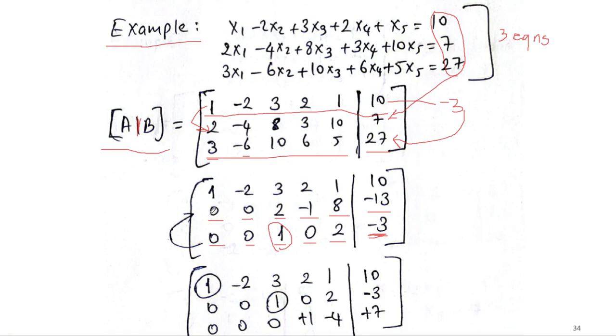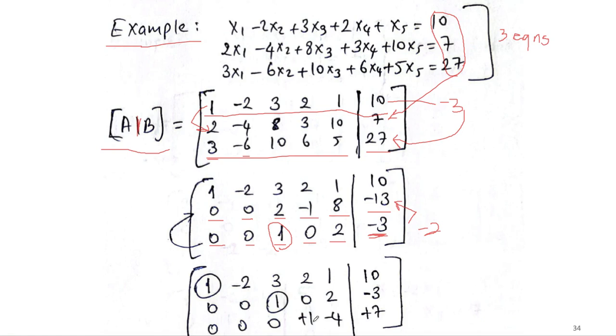And then the second row can be written as a third row. But notice that we can multiply this third row by minus 2 and then add to the other one. So this will make the leading term all in the first 3 positions equal to 0.